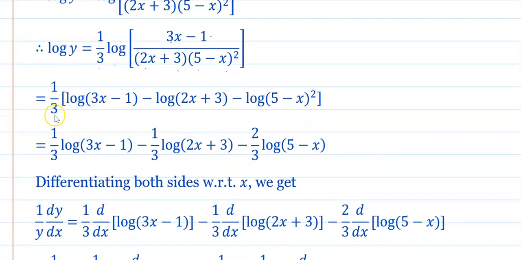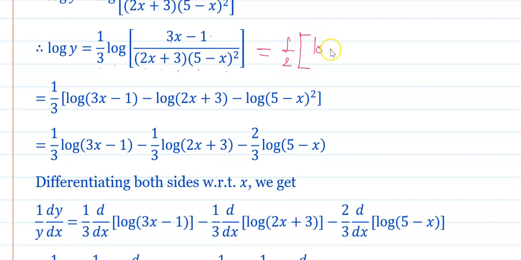Now we take the log, with 1/3. Here, log of m upon n. Okay, in this way what will it become, log of (3x - 1). Okay, and how this comes, here we will apply the rule like this.